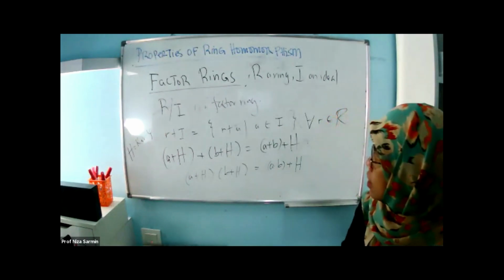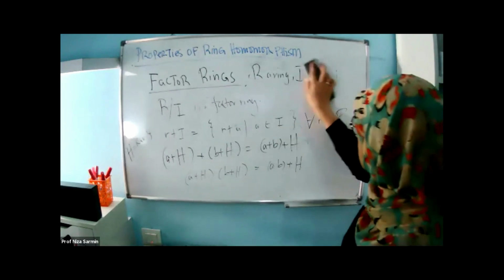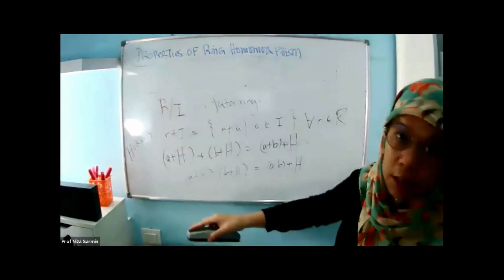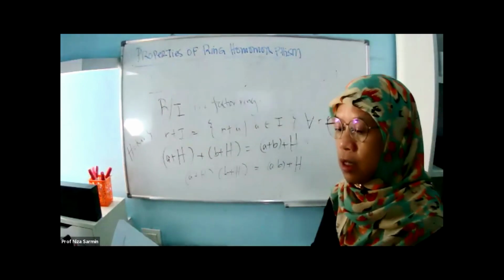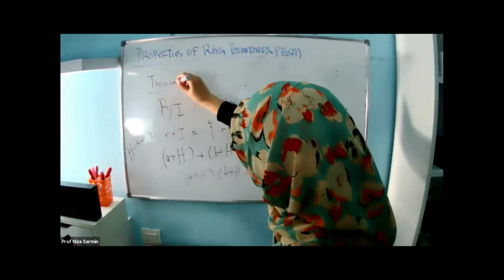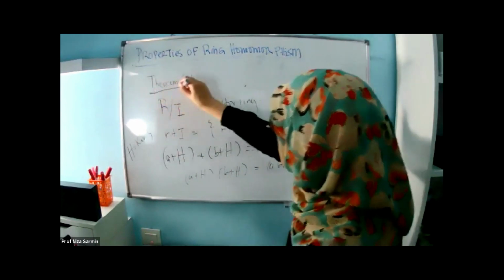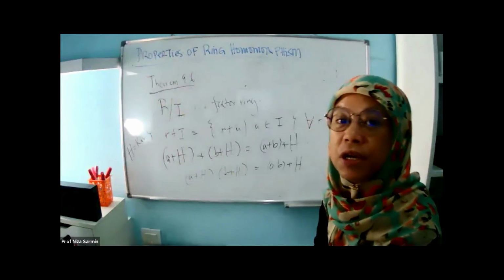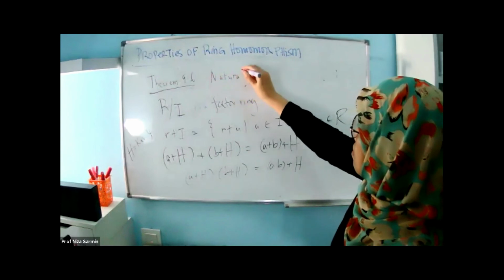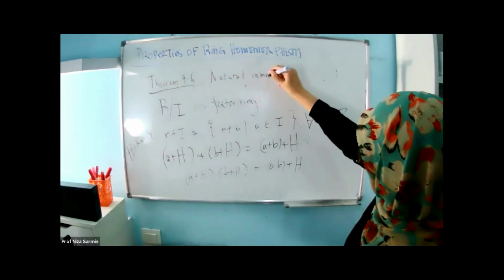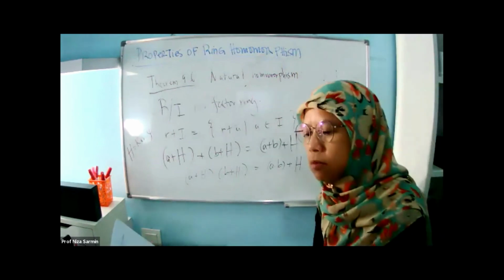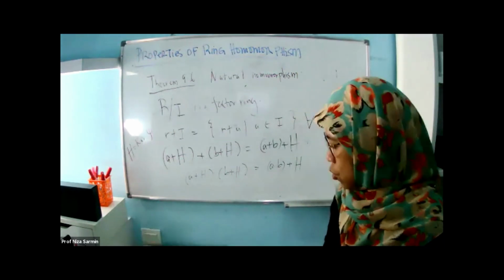And we have theorem 9.6. I mentioned this during the homomorphism theorem last time, if you remember. Then we have for ring what we call a natural homomorphism.